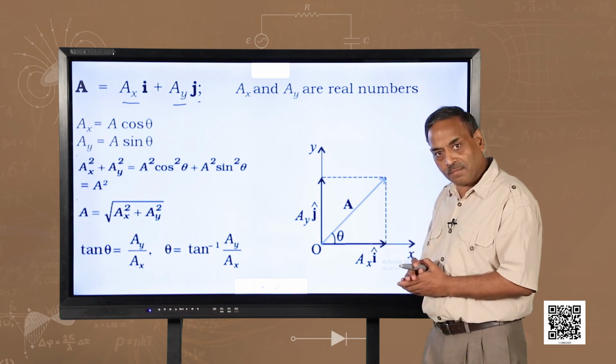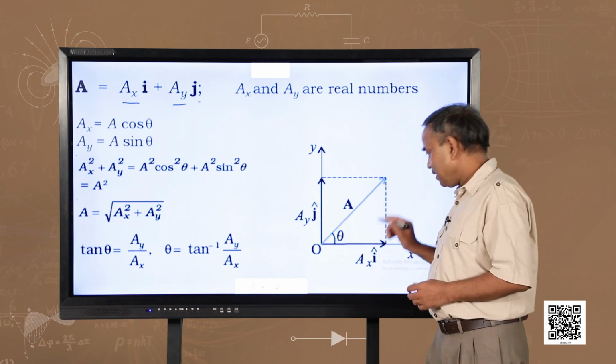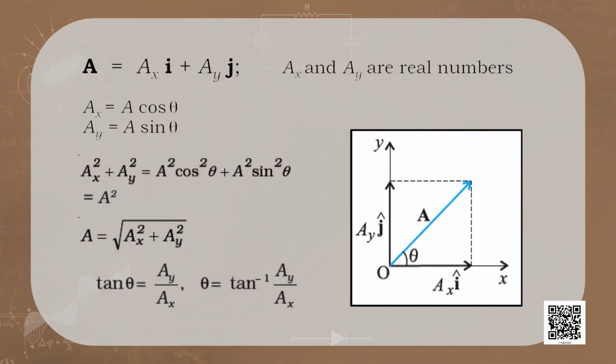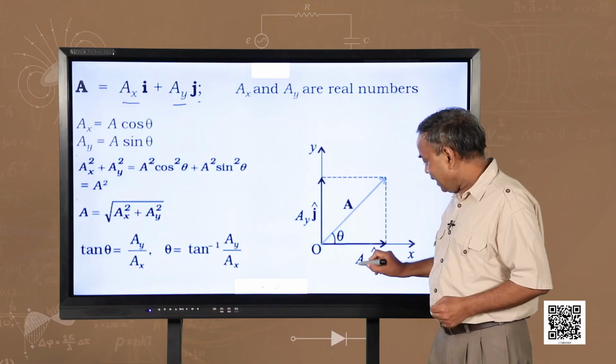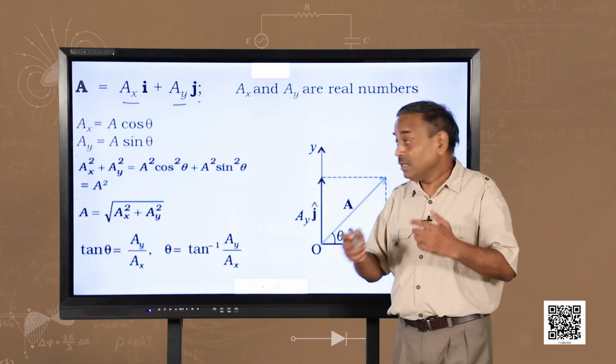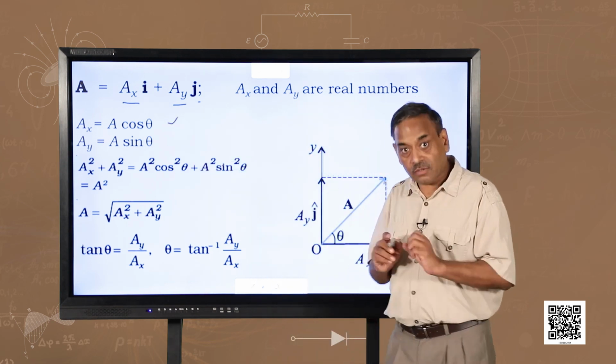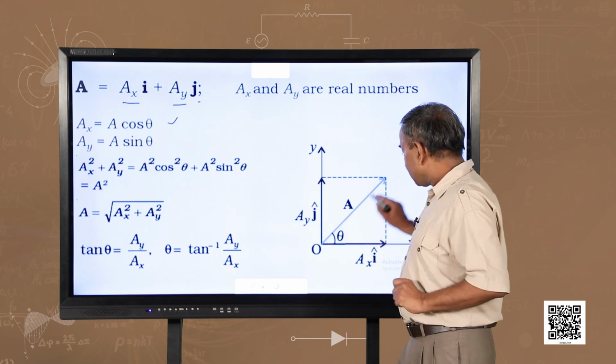What is cos theta? Base divided by hypotenuse, right. So, cos theta is equal to A x divided by A. So, A x is nothing but simply A cos theta. Shall I repeat it? Fine. What is cos theta in this diagram?